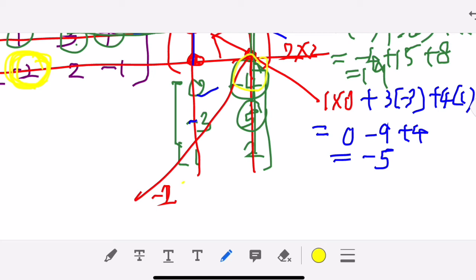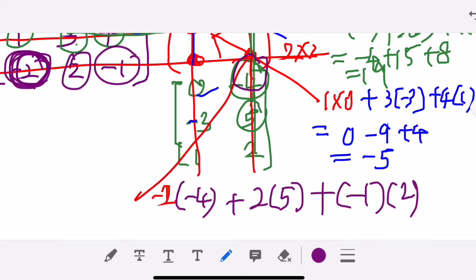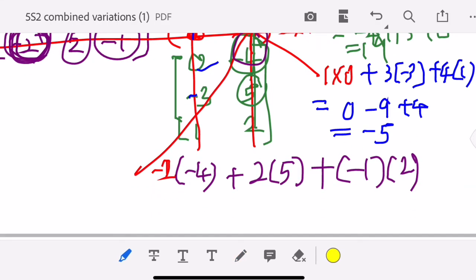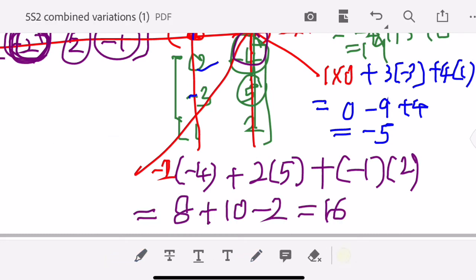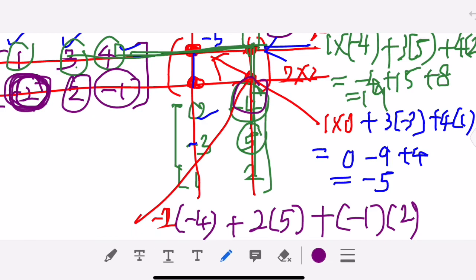So -2 times -4, be careful, plus the 2 times the 5, plus with the -1 times the 2, right? So I make it purple color. So now we need to simplify. It's 8 plus 10 minus 2, so the answer is 16. So that means the element there, the value is 16.